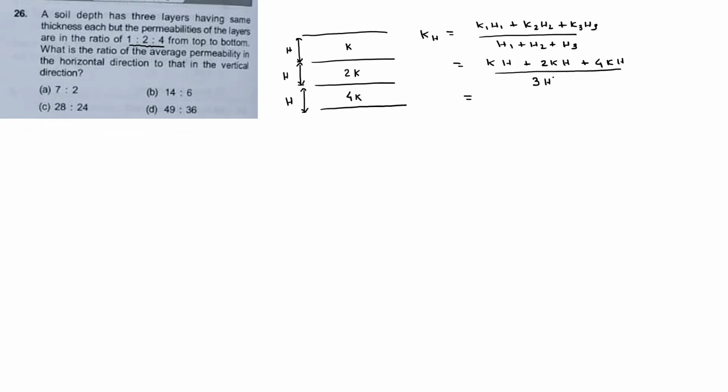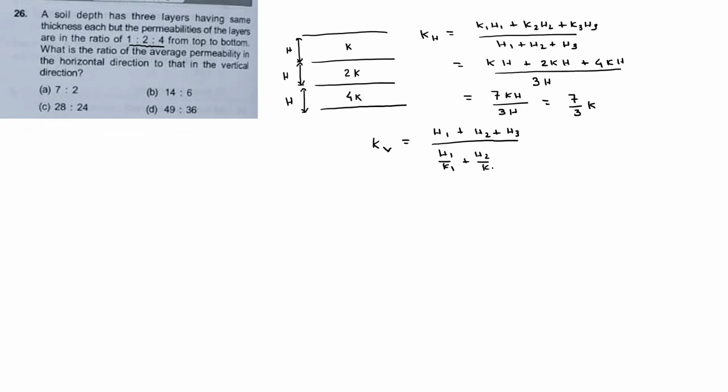Four plus two plus one is 7, so 7 KH divided by 3H. So this is 7 by 3 K.